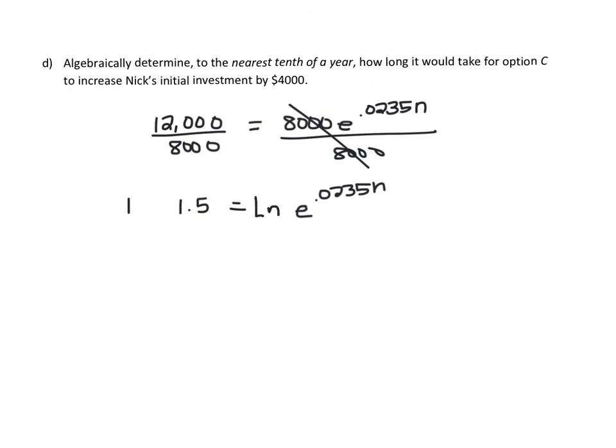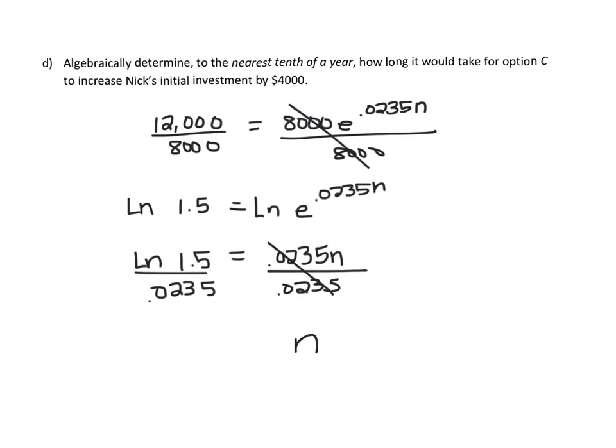And if we do that on the right-hand side of the equation, we have to do that on the left-hand side of the equation. All right, so we're left with ln of 1.5. And remember, ln of e to any power is just equal to whatever that power is. So it's equal to 0.02355n. Okay, and then just divide by the number that's in front of the n. And that's how we'll get the n all by itself.